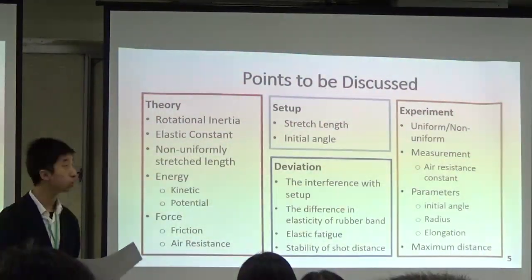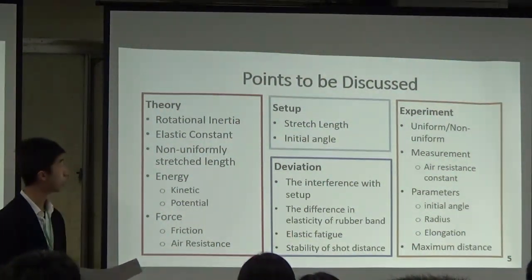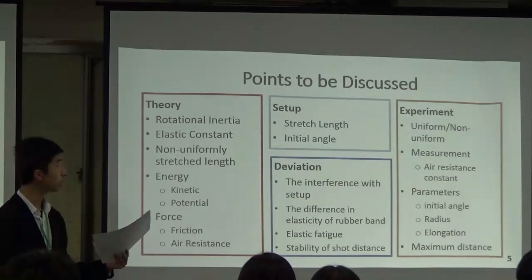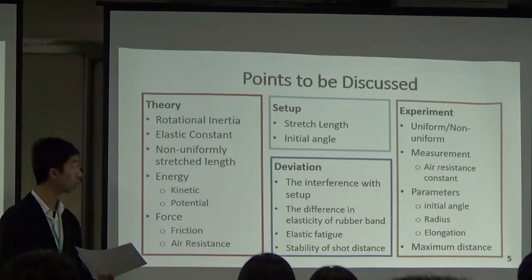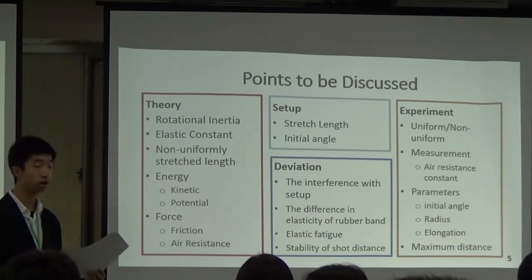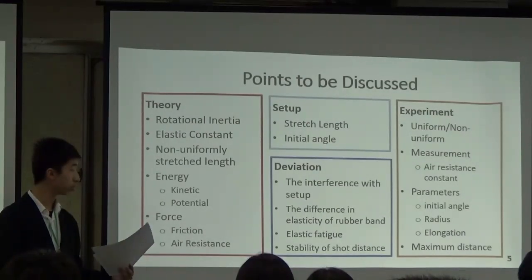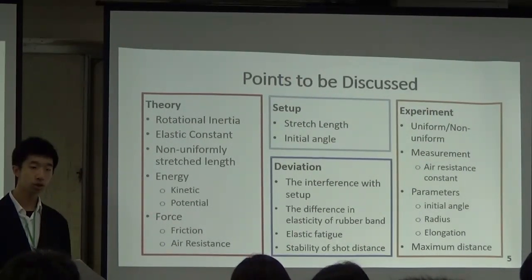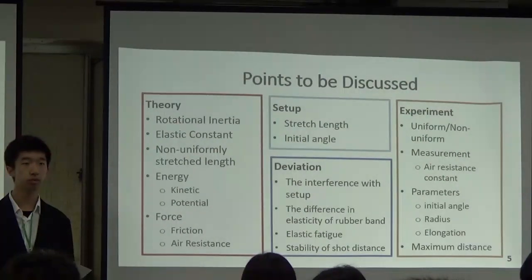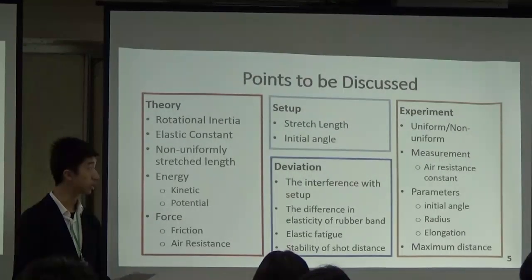In the points to discuss, in the theory part, I want to discuss the elastic constant and the non-uniformly stretched length. In the energy part, I want to talk about the elastic potential energy of the rubber band. In the force part, I want to talk about the friction and the air resistance. They may affect the distance that rubber bands can reach.